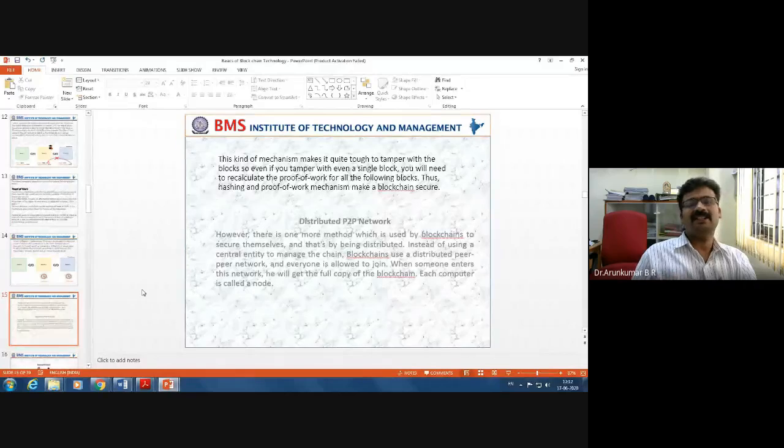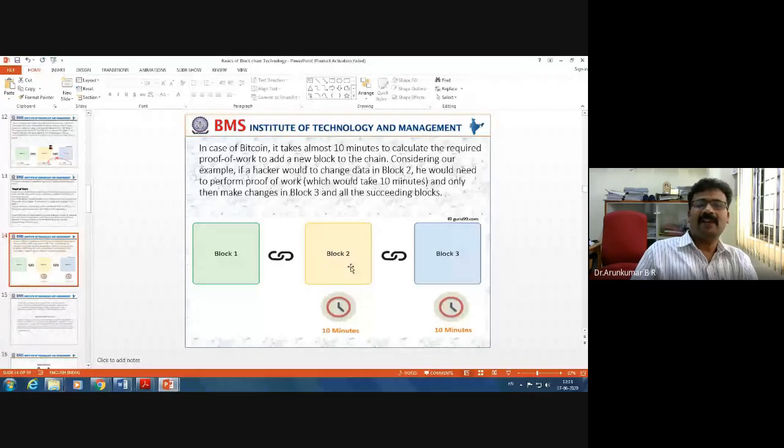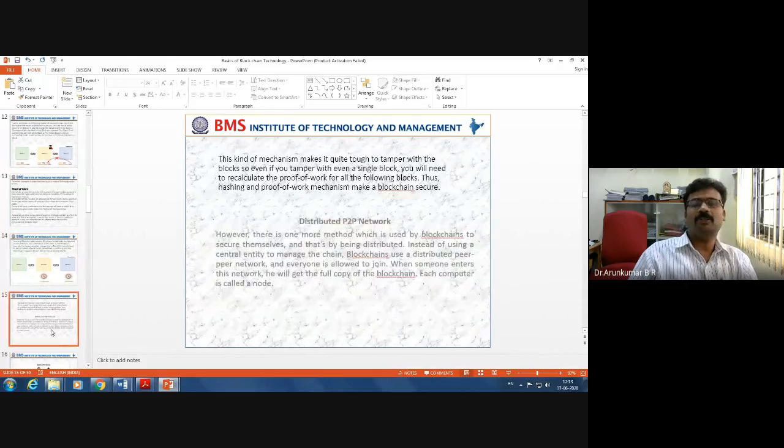Please understand this. In the previous case, every block was not having the copy of the entire chain. It depends on the model. In this model, it is not having the copy of the entire blockchain. Coming to the distributed model, every node will be having the full copy of the blockchain.